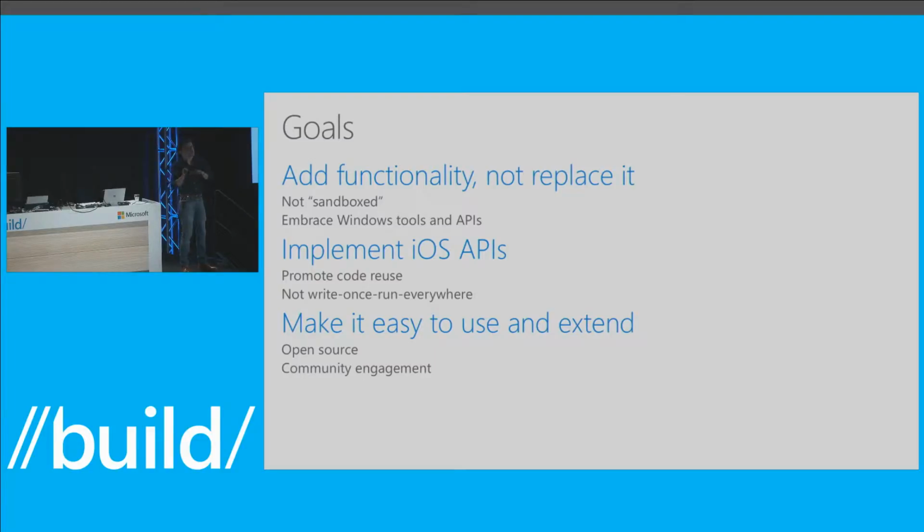So this is not a write once, run everywhere solution. The idea is to quickly get you up and running on UWP, to get you quickly to the last mile of development, so that you can then embrace all of the features that Windows has and create a really great UWP experience.